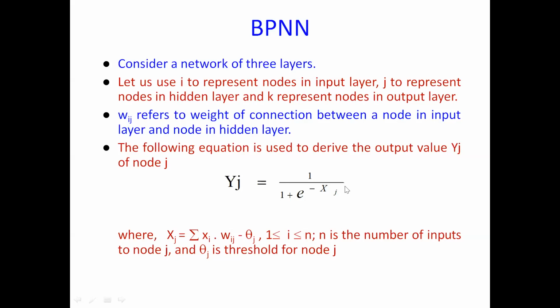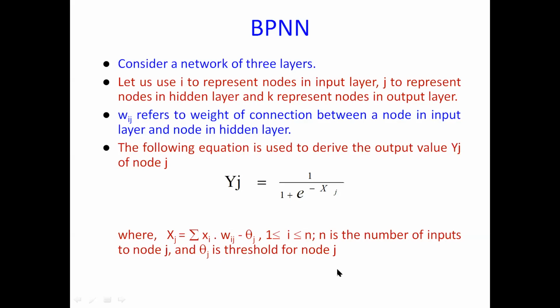Now, what is xj? xj can be computed as each and every input for node i, that means for the input layer, multiplied by the weight between the input layer and the hidden layer, minus theta j. Now this theta j is the threshold for node j.